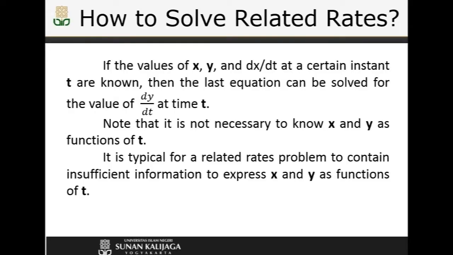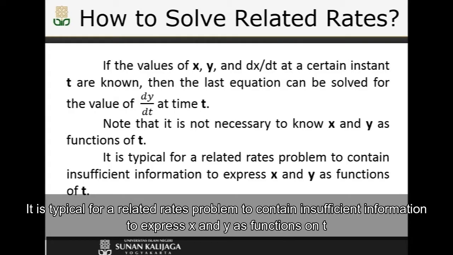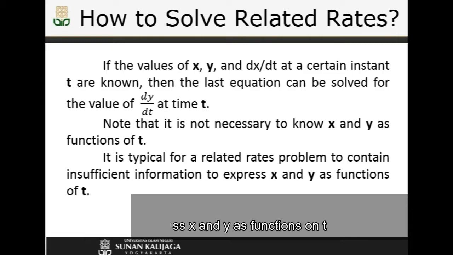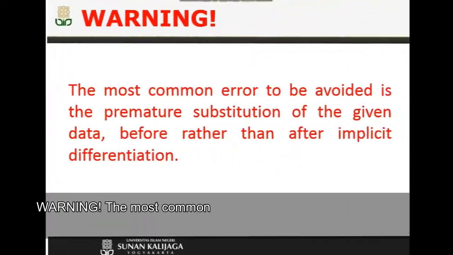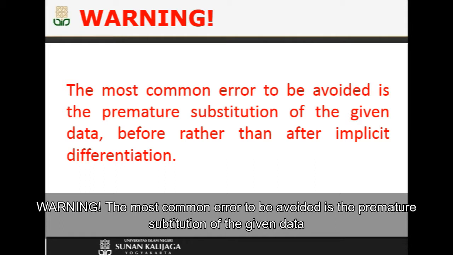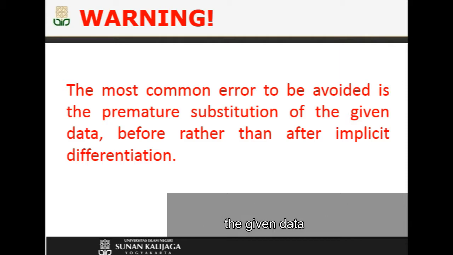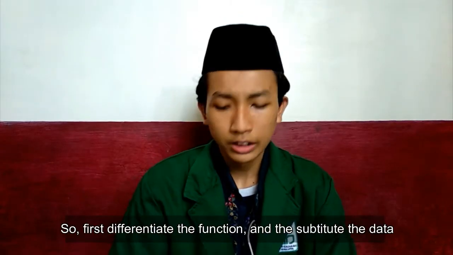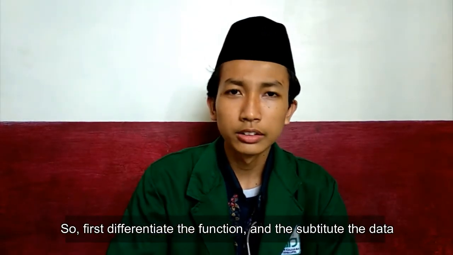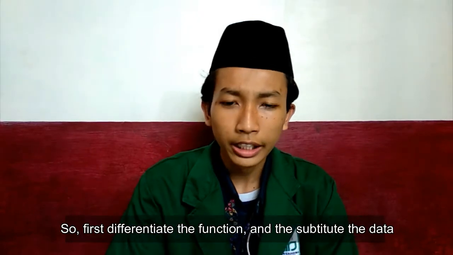It is typical for a related rates problem to contain insufficient information to express x and y as functions of t. Warning: the most common error to be avoided is the premature substitution of the given data. So first differentiate the function, and then substitute the data.